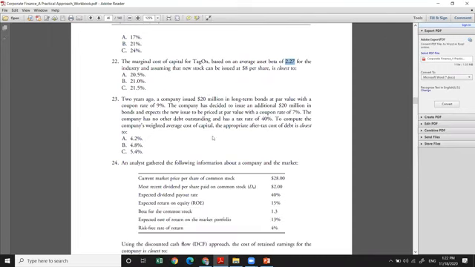Then we will find the cost of equity, and of course we'll find the debt weight and equity weight, I mean the proportions, in order to calculate the weighted average cost of capital.